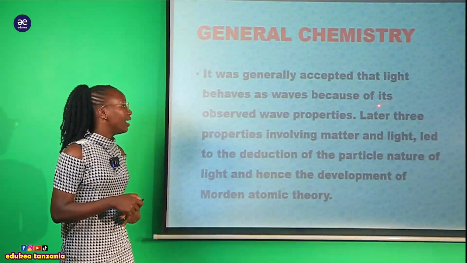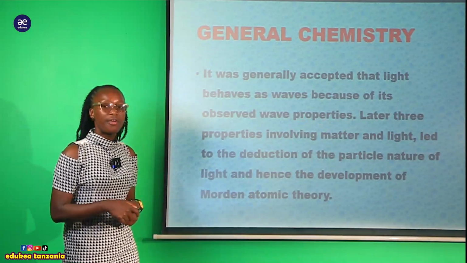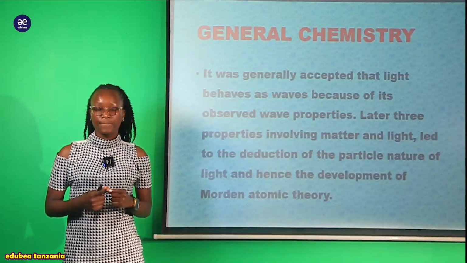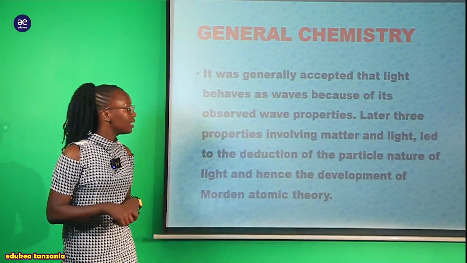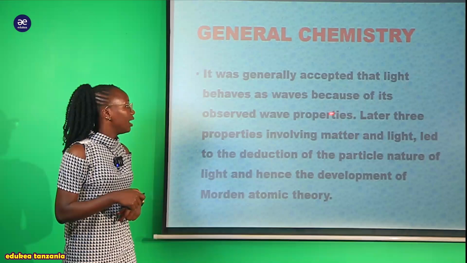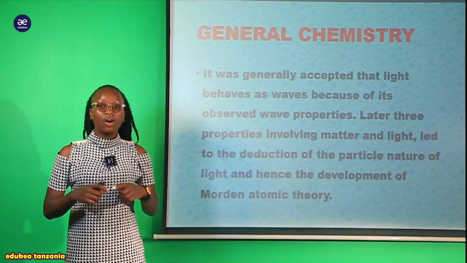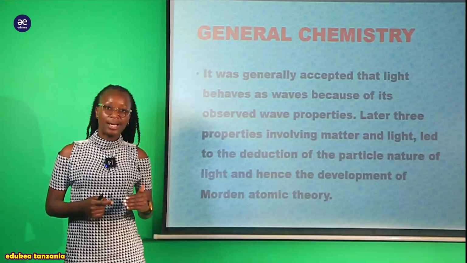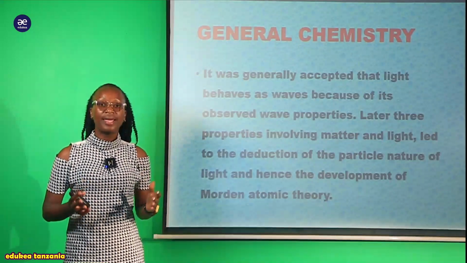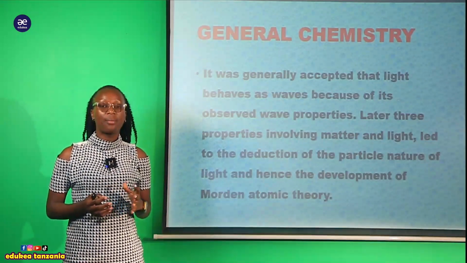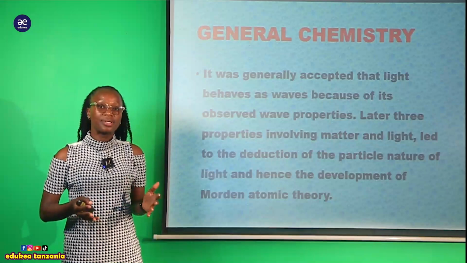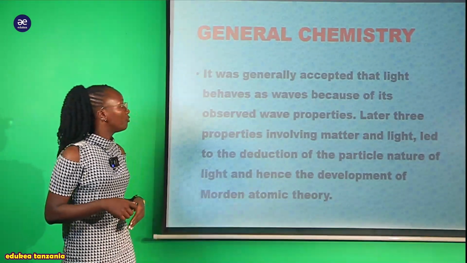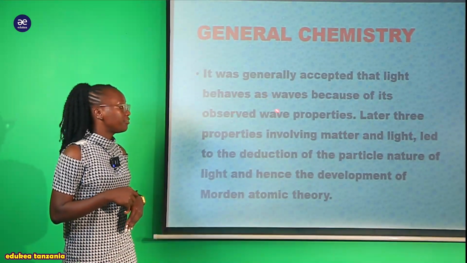Because of its observed wave properties. The observed properties of light are similar to that of the wave. And finally, these scientists came up with the general acceptance or general conclusion that light behaves as a wave.